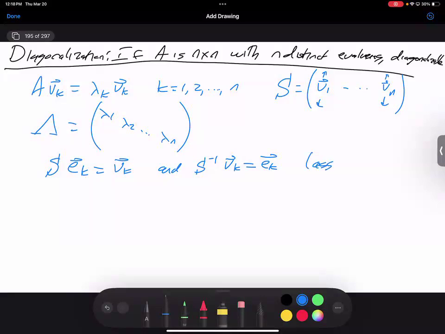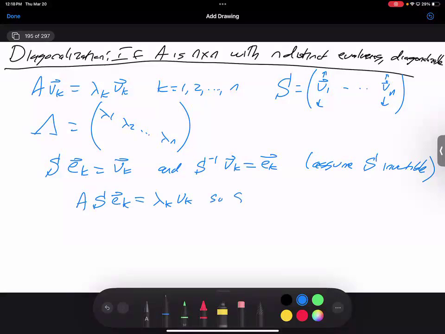So assume S is invertible. It's not bad every now and then to revisit some earlier classes and see how we would prove this. We know S of Ek is Vk, and we know A takes Vk to lambda k Vk. So AS of Ek equals lambda k Vk.